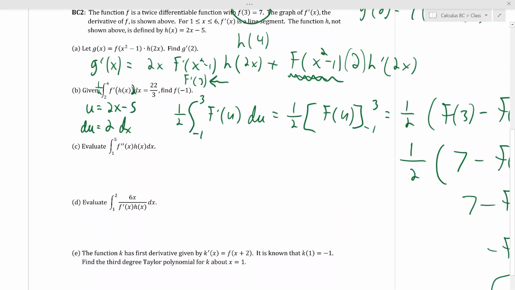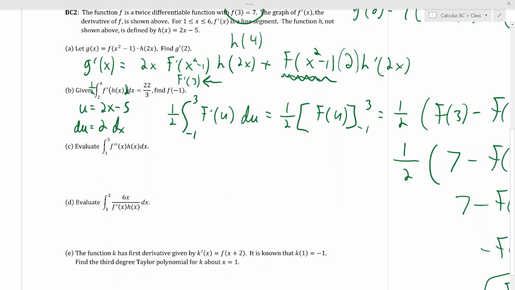C is another thing with parts going on. So, and again, they're dropping h of x in there, but h of x is really just that 2x minus 5 function, right? Or 2x minus what? Yeah, 2x minus 5 function. So we're going to let u equal that 2x minus 5, and we're going to let du be 2 dx.